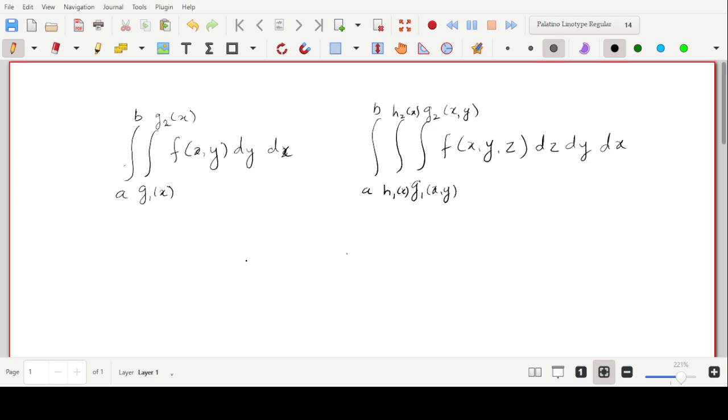Then we integrate it with respect to y, and then we substitute the limits, which are in terms of x alone, and we get a function in x alone. Then we integrate it with respect to x, and after substituting the limits a and b, we get a real number. That is how we typically compute the integral. Let us take one example.